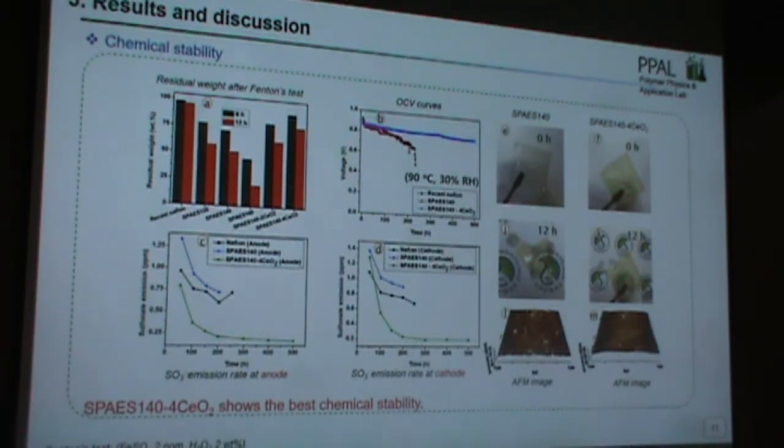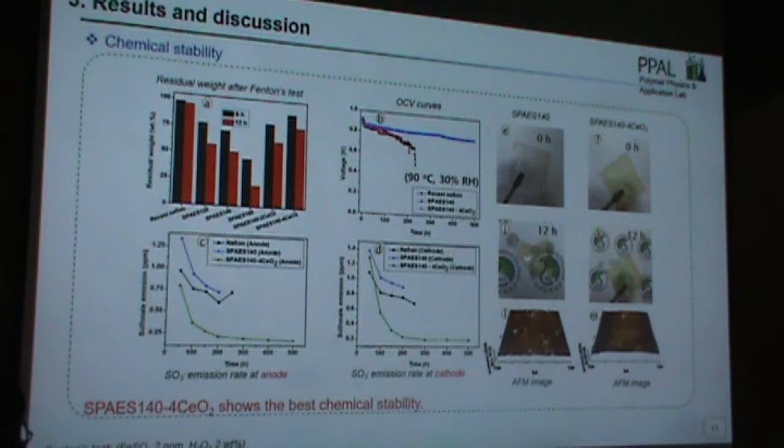And from figure B, we can see the OCV test of the membrane. We can see the recast Nafion membrane and the pristine membrane decayed after about 200 to 250 hours. However, the layer by layer membrane containing 4% of the cerium oxide is still stable after 500 hours.